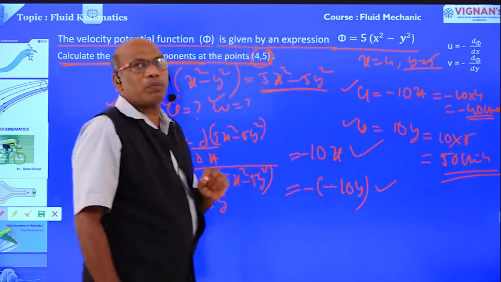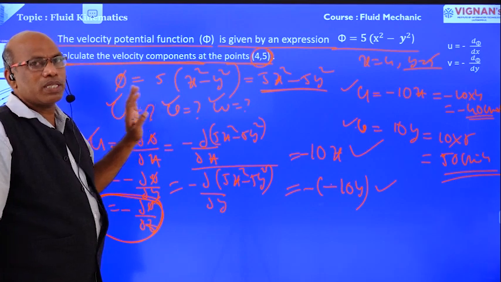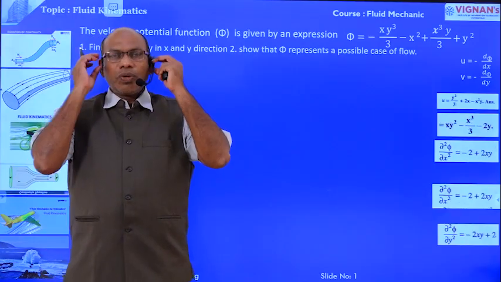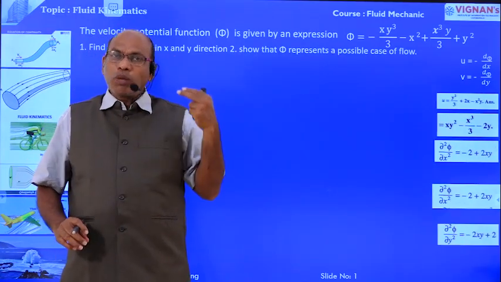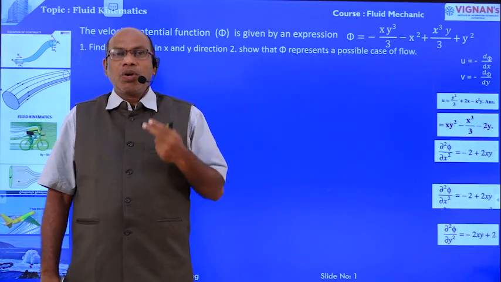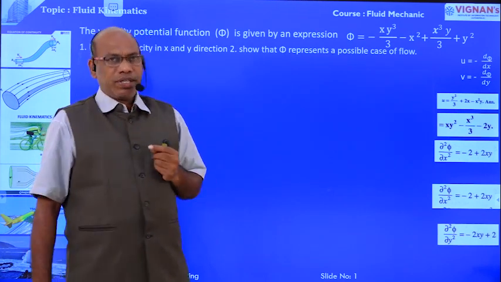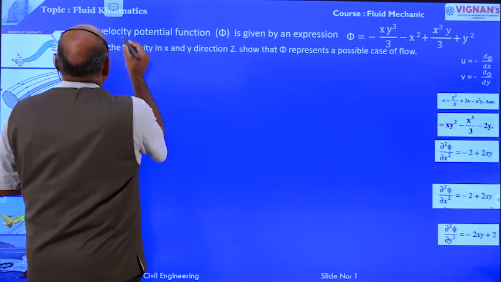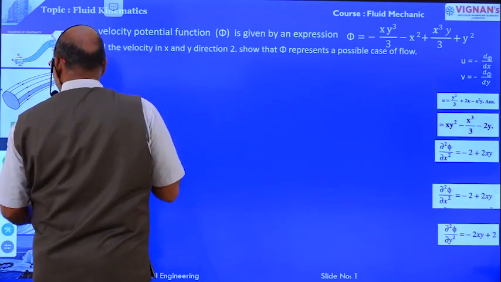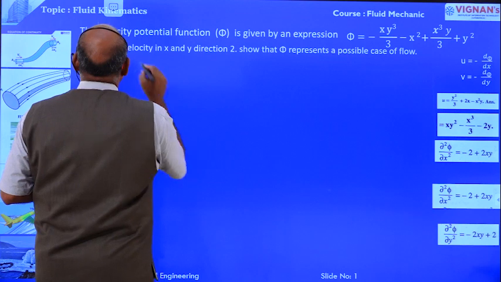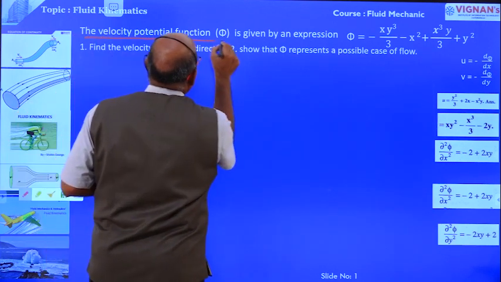This is about one problem related to the velocity potential function. Now we are going to discuss one more problem related to the velocity potential function.